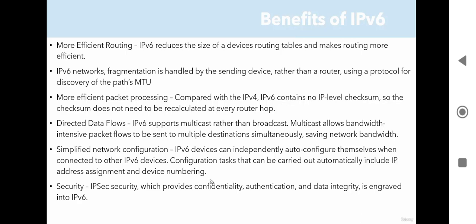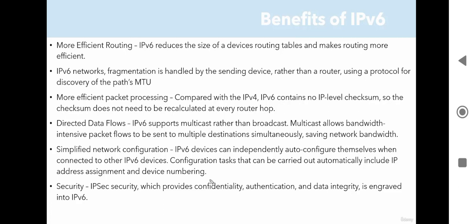It uses a protocol called MTU discovery to discover the MTU, the maximum transmission unit, or the largest size of packet that can actually be sent over the network. This means there's virtually no fragmentation that goes on.